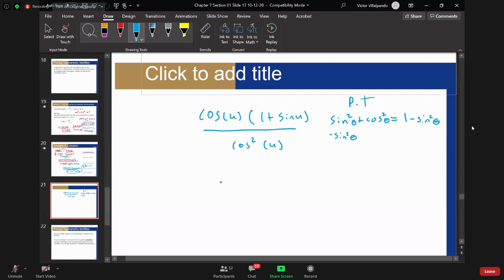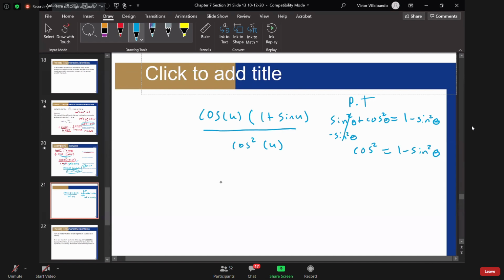That's why I say that this one is... yes, exactly. By manipulating the Pythagorean theorem, I get cosine squared is equal to 1 minus sine squared.